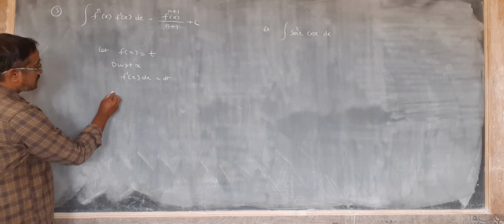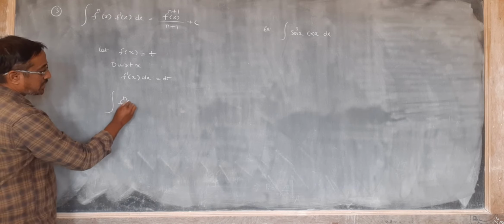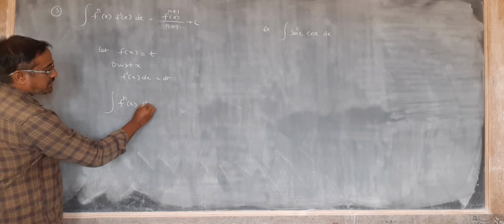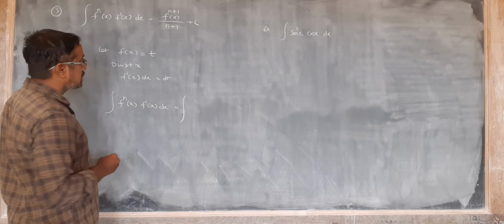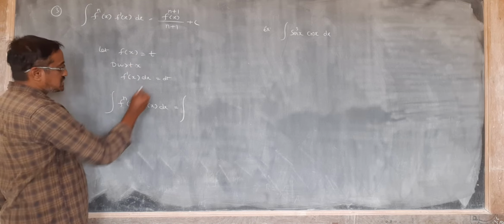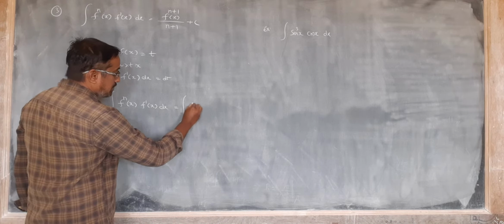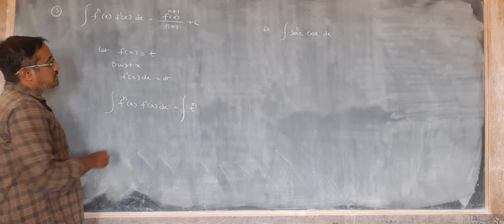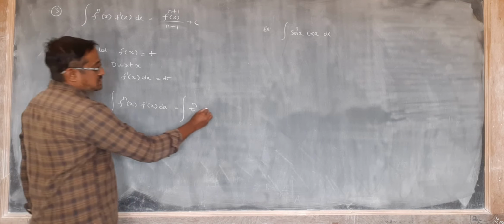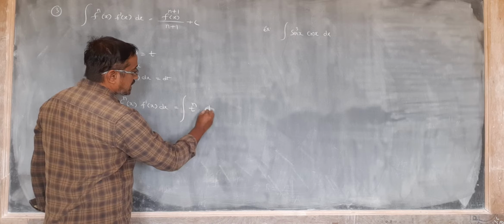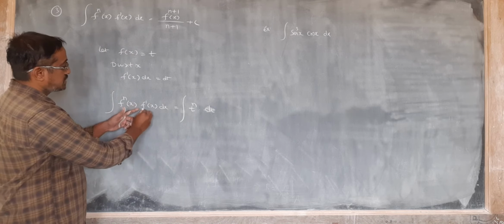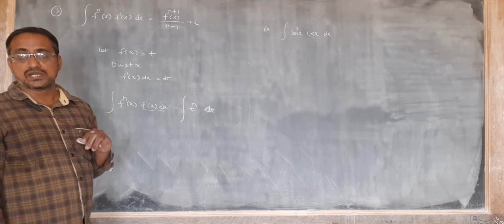So the given integral f power n of x into f dash of x dx can be written as integral, now f of x is t, so you will get t power n into f dash of x dx will be dt. So f dash of x dx can be written as dt.